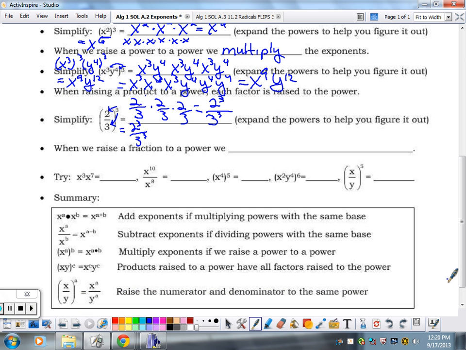So let's put some words to this. When we raise a fraction to a power, what are we doing? We raise both the numerator and denominator to that power.